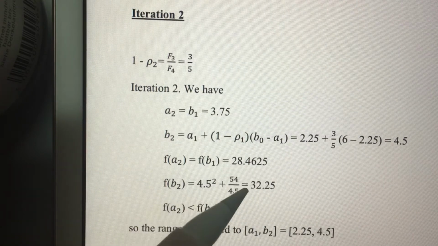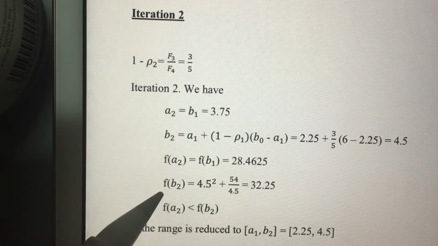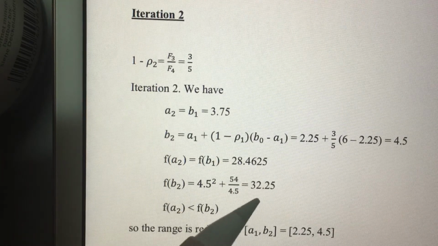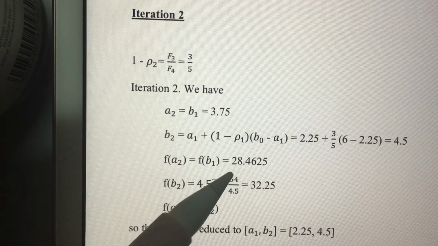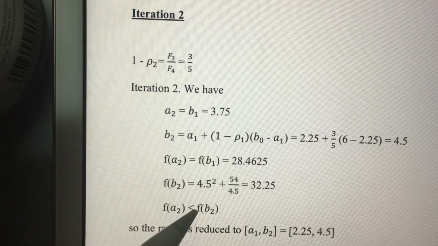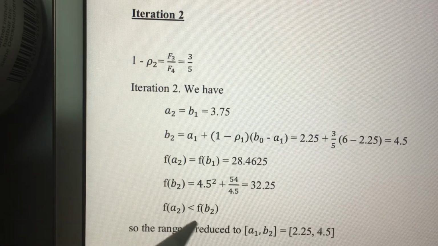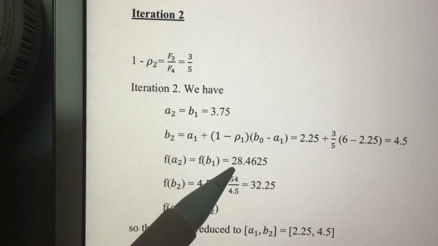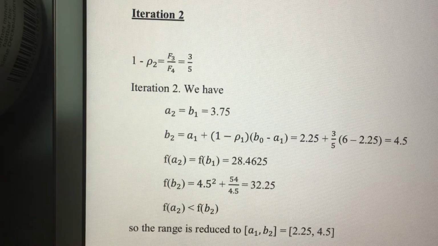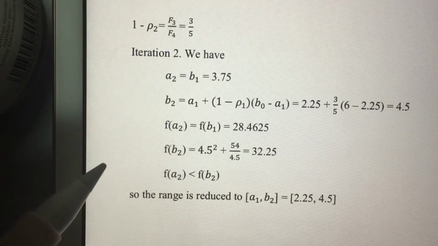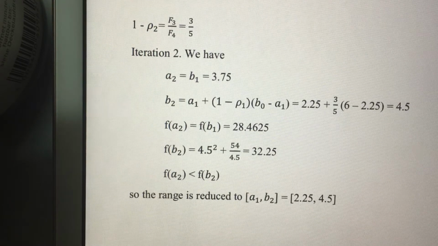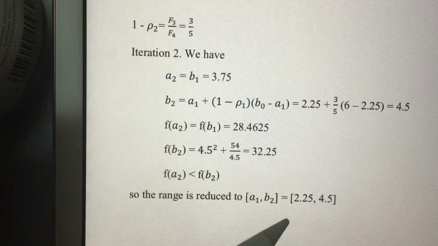As we can see, the function of B2 is larger than the function of A2, so we can conclude that the range is reduced to A1 and B2.